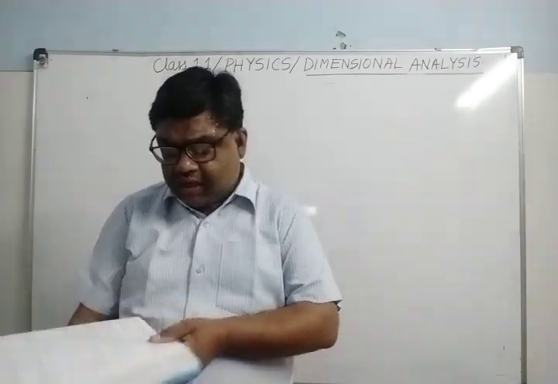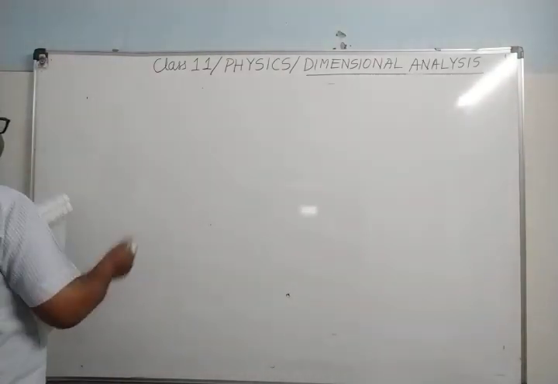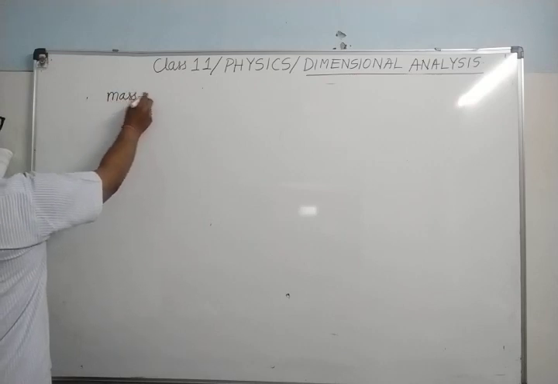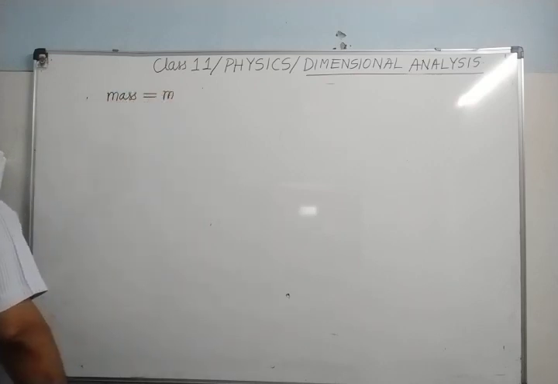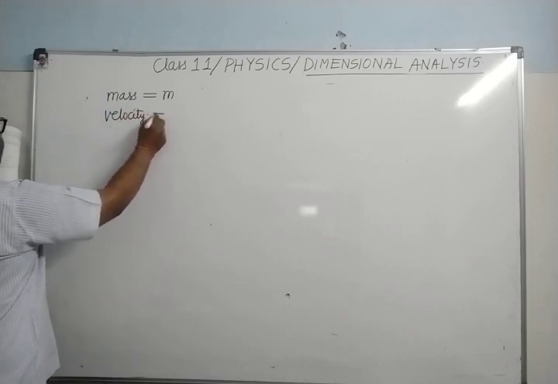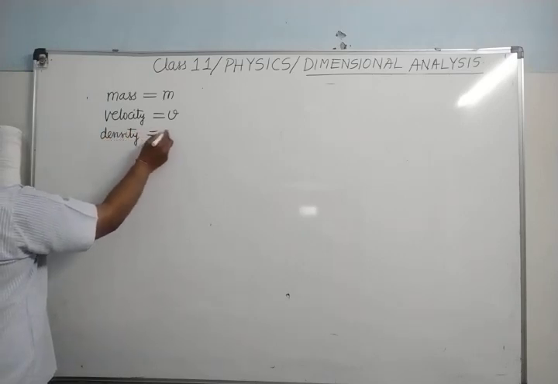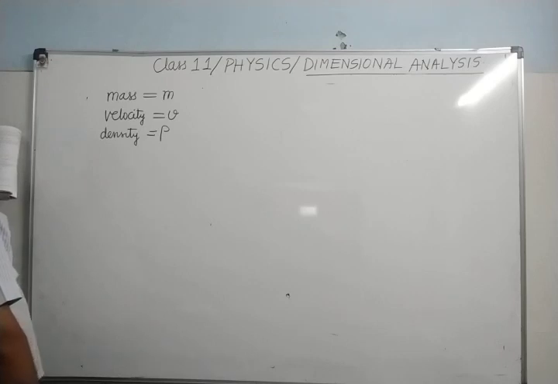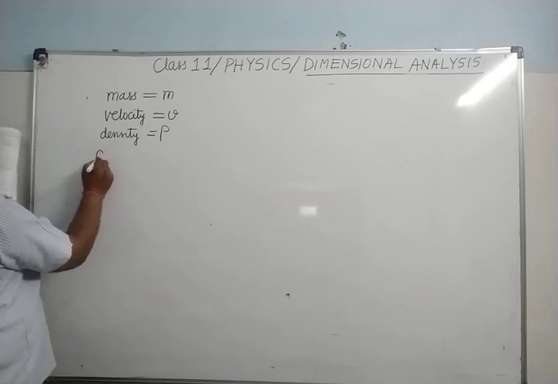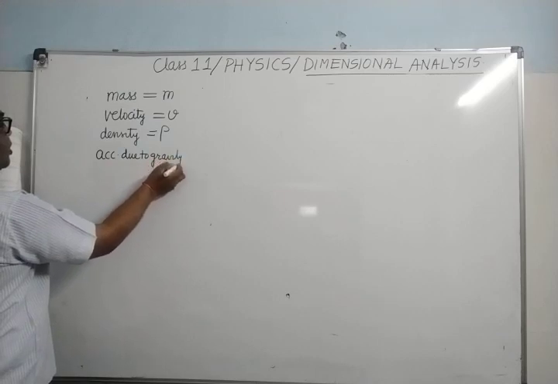It's clear? Here it is given, assuming that the mass m of the largest stone that can be moved by a flowing river depends upon the velocity v of water, the density of water, the density of the stone, and acceleration due to gravity g.